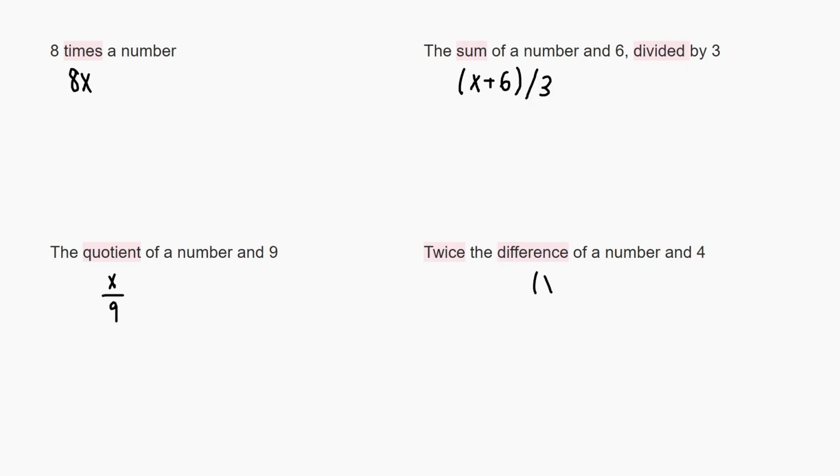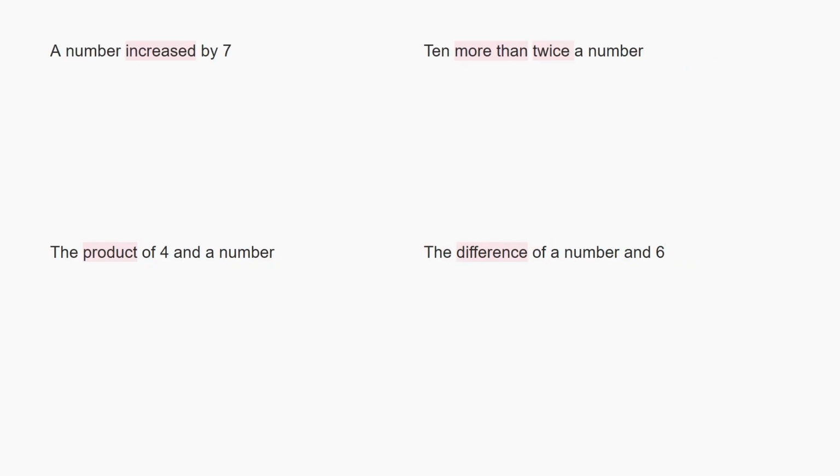So we're going to do x minus 4, because difference implies subtraction, and we're going to multiply this entire thing by 2. Next, we have a number increased by 7. Increased implies addition, so we're going to do x plus 7.